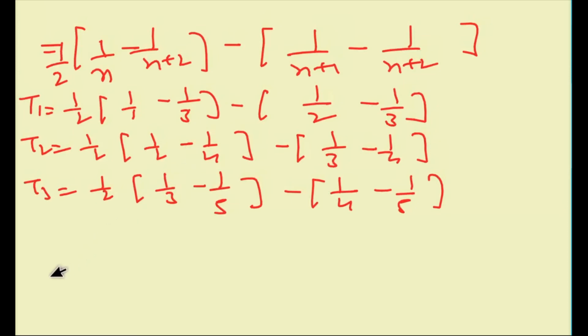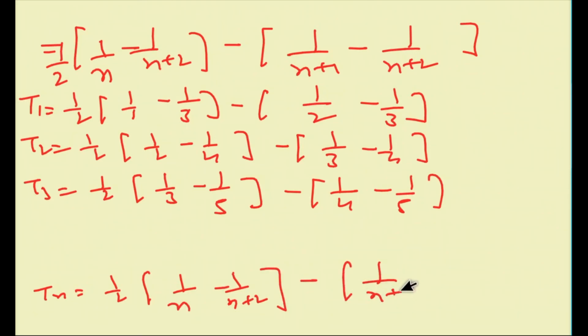Okay, so the last term, what we get here, 1 by 2, 1 upon n plus 2, minus 1 upon n plus 1, 1 upon n plus 2.